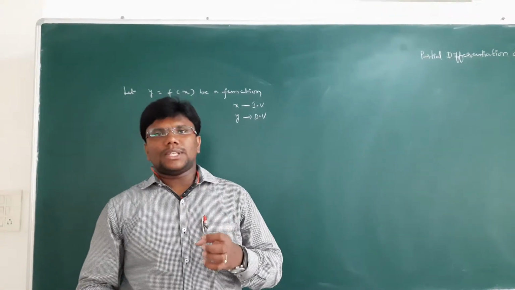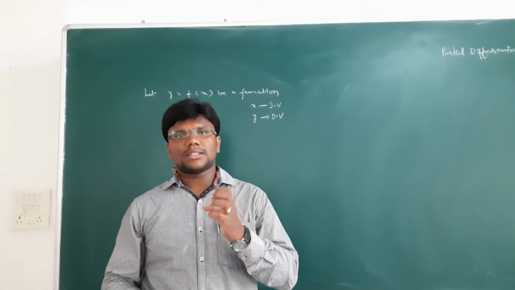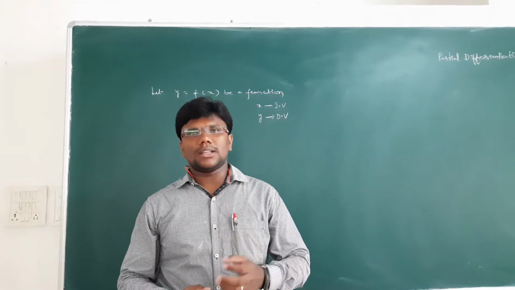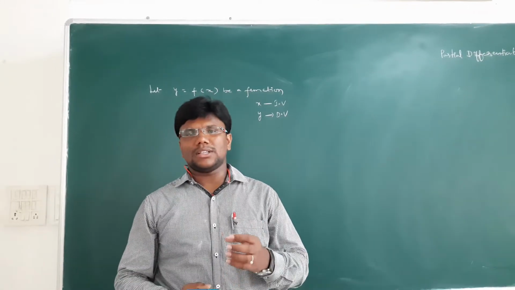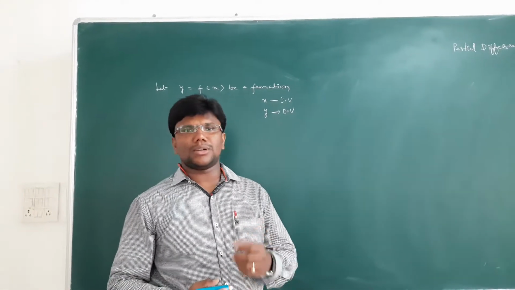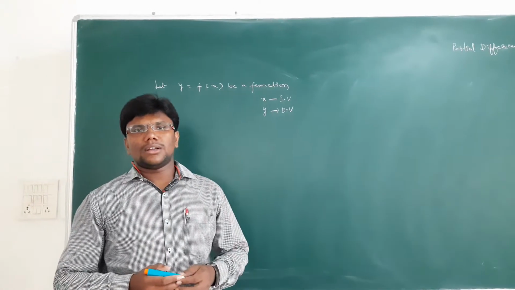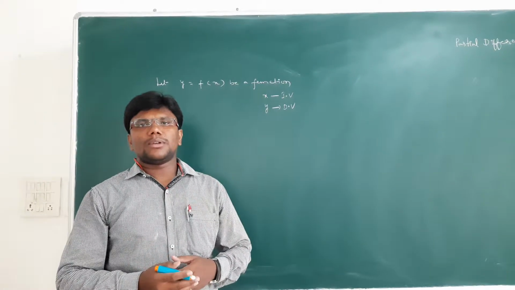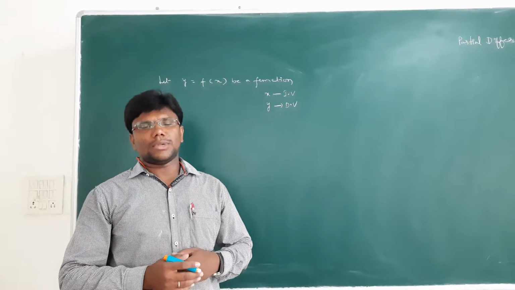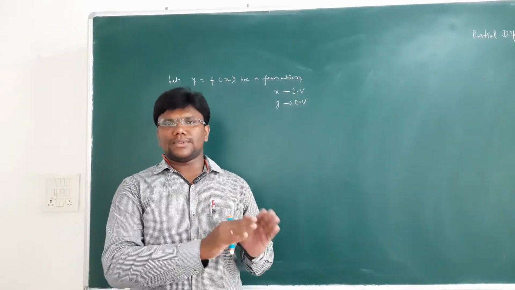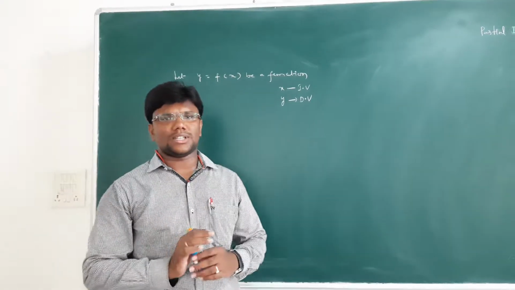The derivative of the dependent variable with respect to one independent variable is called the differentiation, that is dy by dx. The differential coefficients involved in an equation make it a differential equation. But here in this class we have to know what differentiation is and what partial differentiation is.